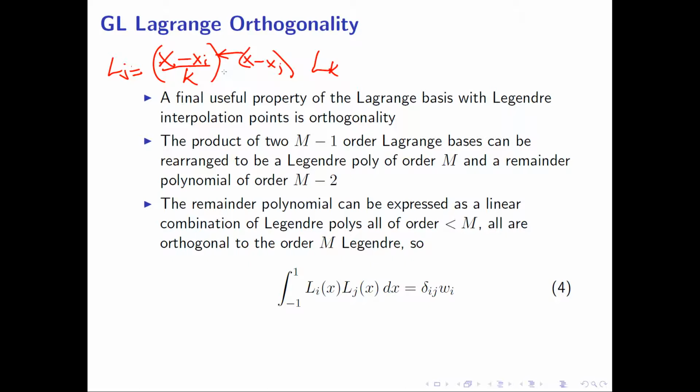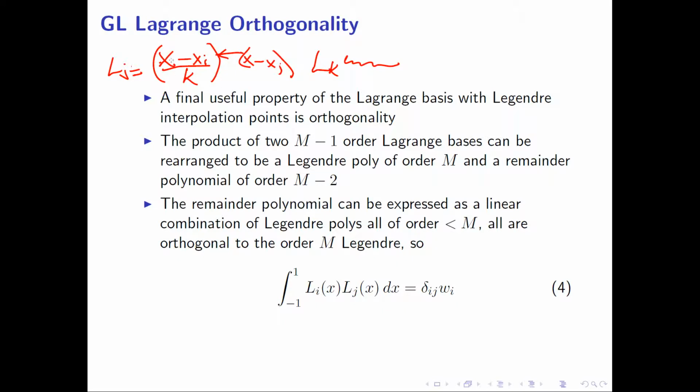So essentially we were able to construct a polynomial that looks something like a product of each of these terms plus some remainder that is a lower order polynomial.